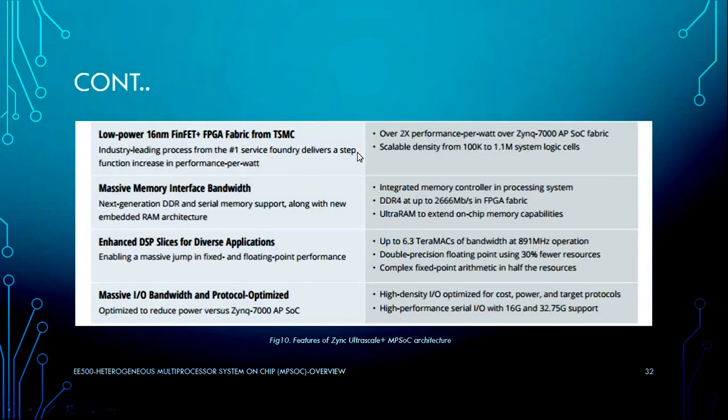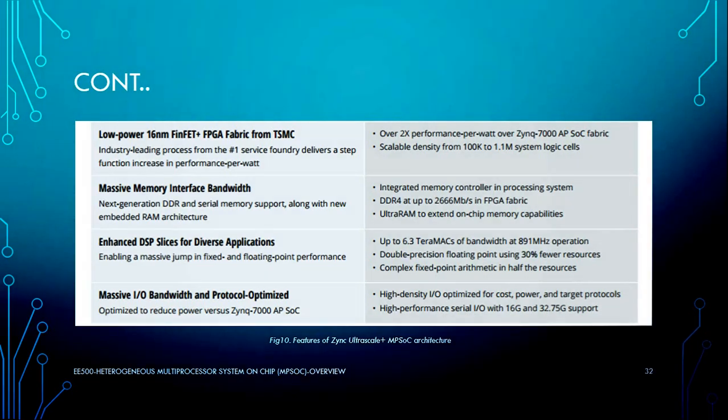It is formed with the latest 16 nanometer FinFET technology from the best foundries in the world. It has massive memory interface bandwidth with the next generation of DDR4 memory controllers, and enhanced DSP slicing for diverse applications, and also massive I/O bandwidth.